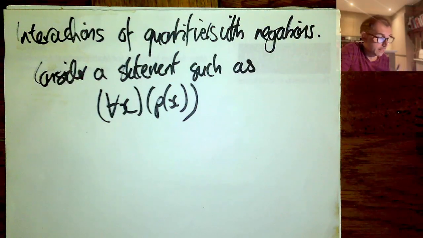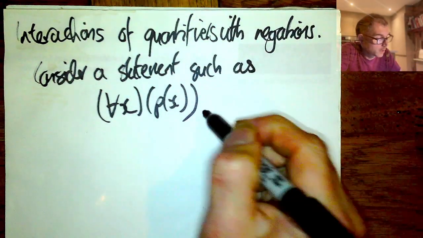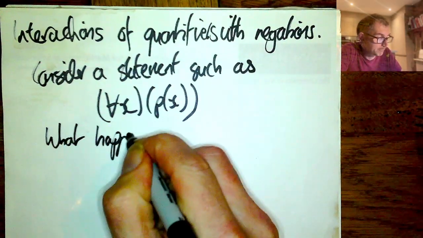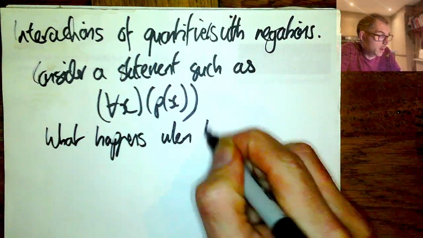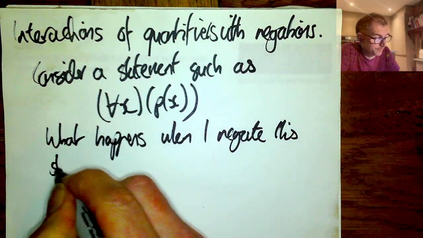Okay, well that happens to be a statement that's true, but there are plenty of statements I can make that are not true. So what we're going to want to be able to consider is what happens when I take a statement like this and I negate it. So what happens when I negate this statement?